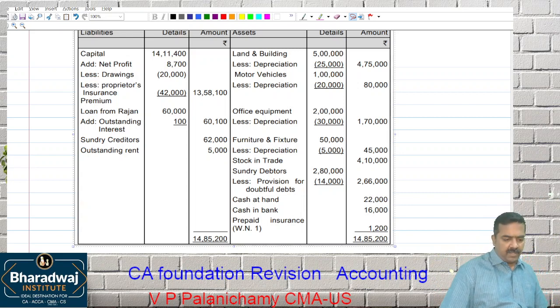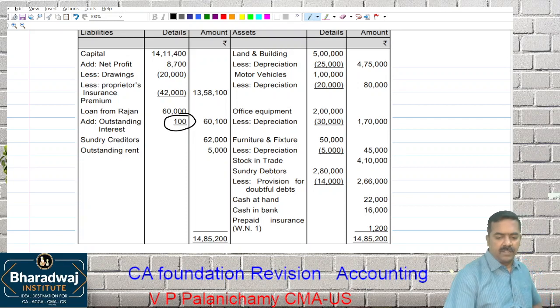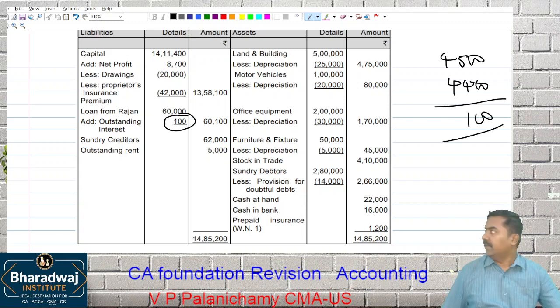Capital and net profit, of course, drawings of the proprietor, both. That outstanding interest will come. Out of 4,500, we paid only what? 4,400. The remaining 100 rupees will come as which one? Outstanding interest.